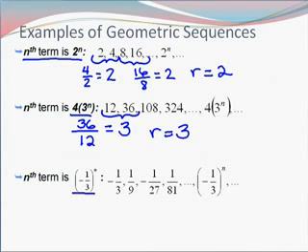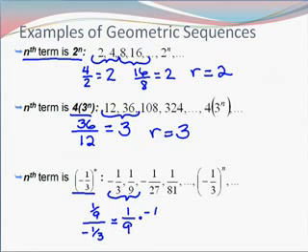Our last example of this type is negative 1/3 to the n. So let's take a look at the ratio of 1/9 to negative 1/3. Remember, when you divide by fractions, you multiply by the reciprocal.